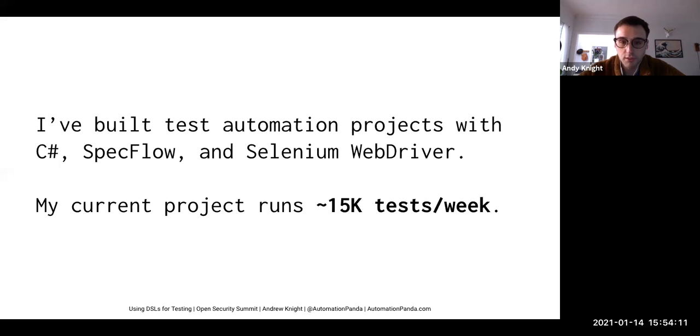Currently at PrecisionLender, we have over 1,400 unique Gherkin scenarios. Each one is about 5 lines long. Each one is an end-to-end web UI test that logs into our application and does a path. That current project runs about 15,000 test iterations per week. It's continuous testing. So can you scale with Gherkin and BDD and domain-specific languages? Yes, you can.